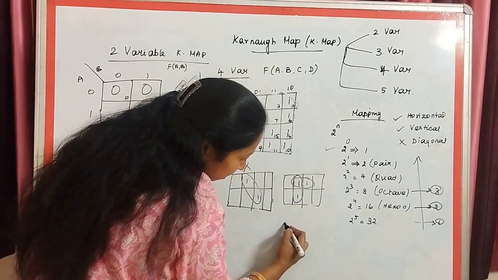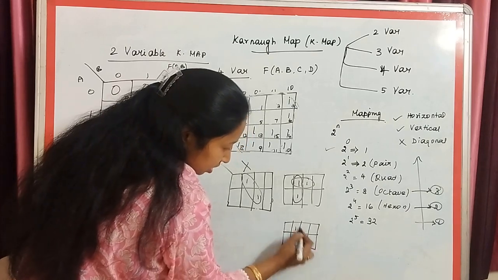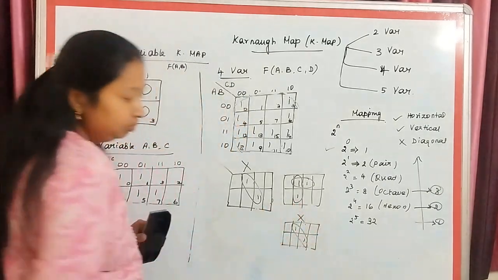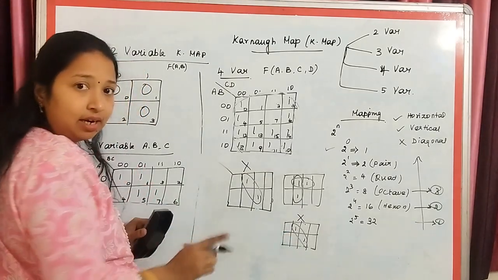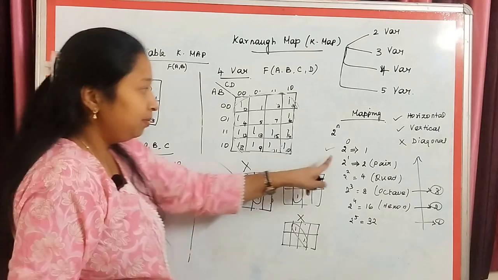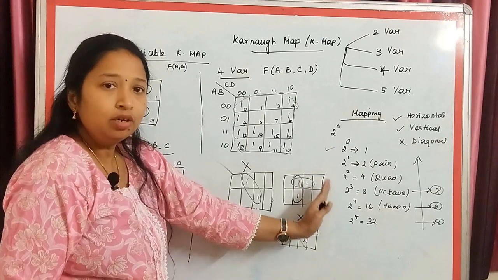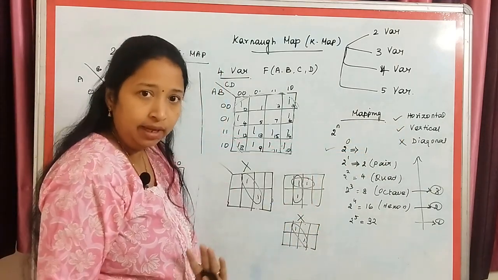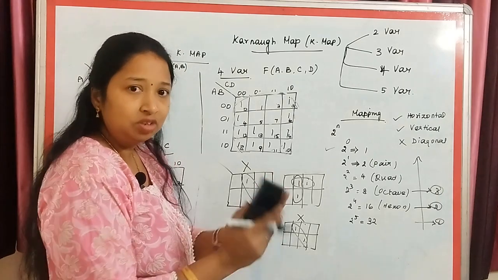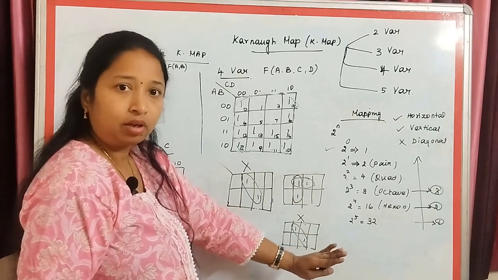But my number is like this, 1 and 1. These 2 numbers cannot be grouped. Understood? This is called diagonal. This diagonal grouping is not allowed, not just in pair, but in any of these combinations. In all the grouping methods, you can go for horizontal or vertical or folding. Folding is again horizontal and vertical, right? But diagonal is not allowed in mapping.